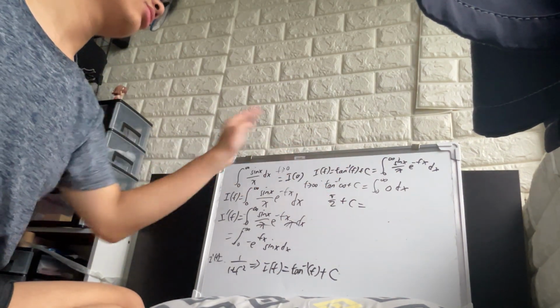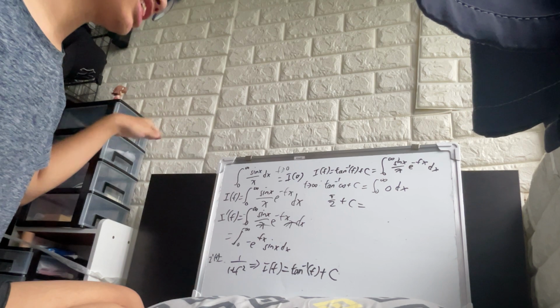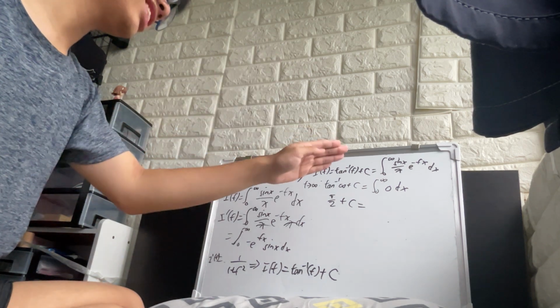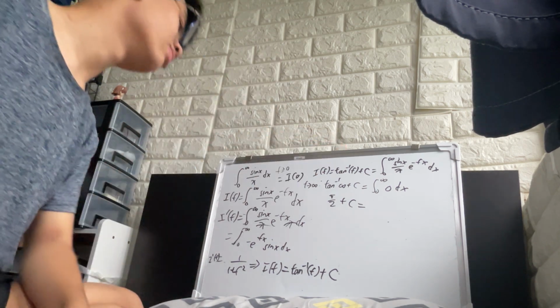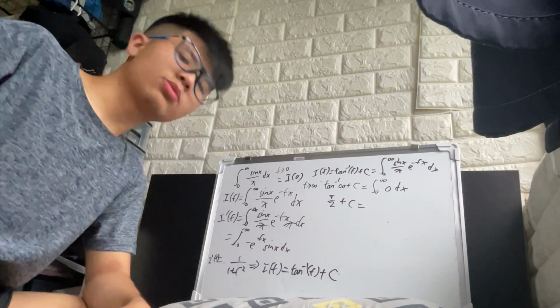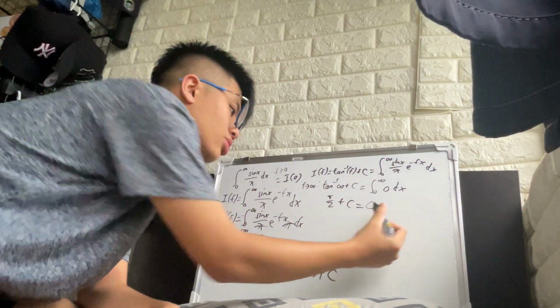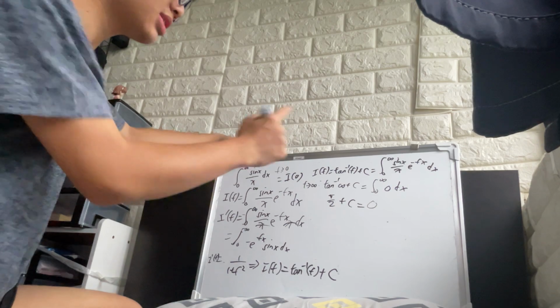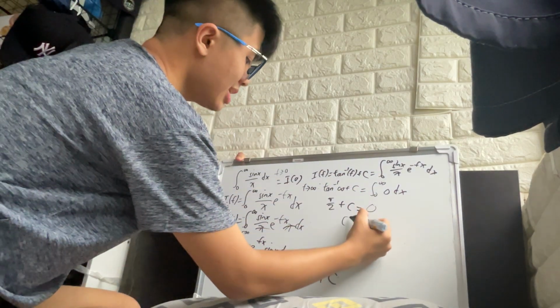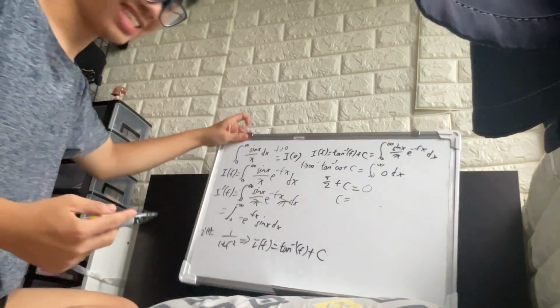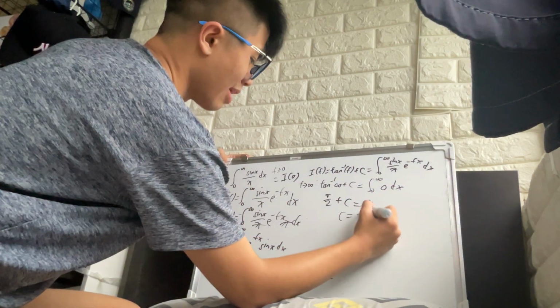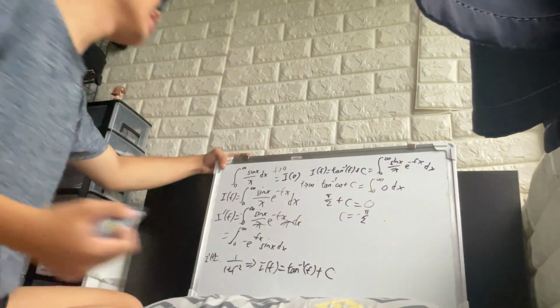It doesn't really matter if you're going from negative infinity to infinity, 0 to infinity, or negative 1 to 0. They are all equal to 0 at this point. So subtracting pi over 2 on both sides, you get c is equal to what? Negative pi over 2.